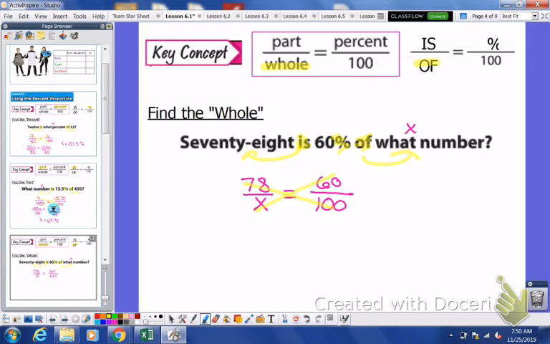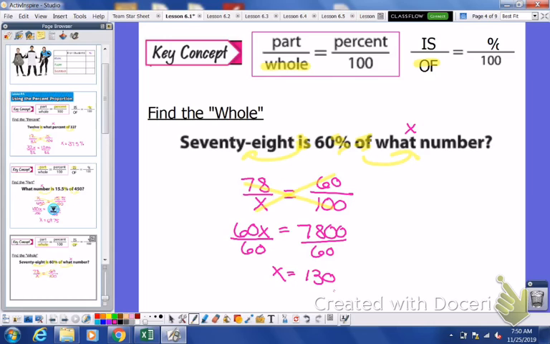Okay, so cross multiply. 60 times x gives us 60x equals 78 times 100 is 7,800. Divide by the number with our variable, so divide by 60. And then 7,800 divided by 60 tells us that x equals 130. And again, no label on this one, we were just looking for a number.